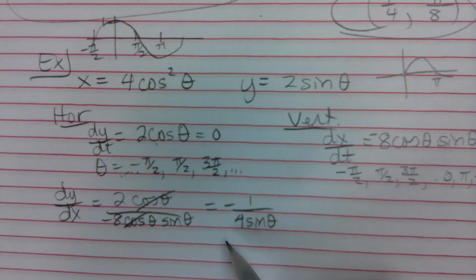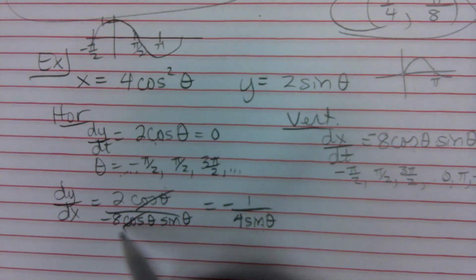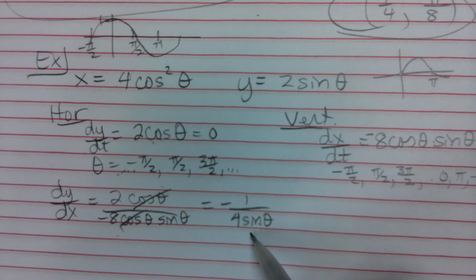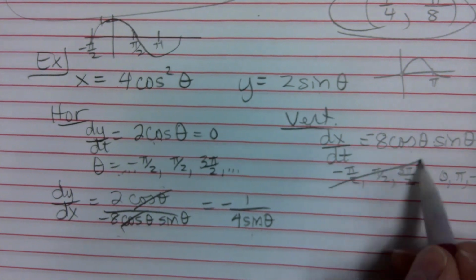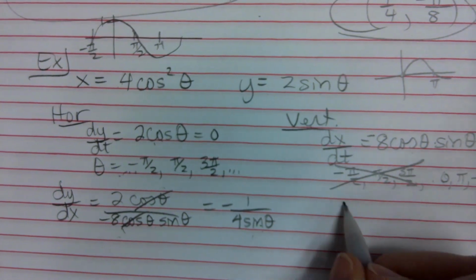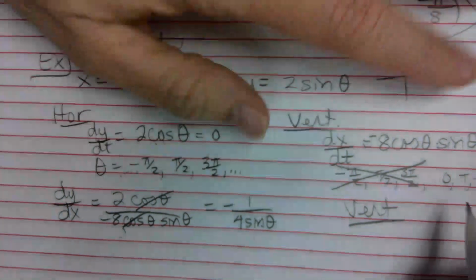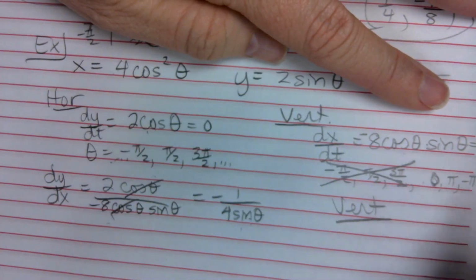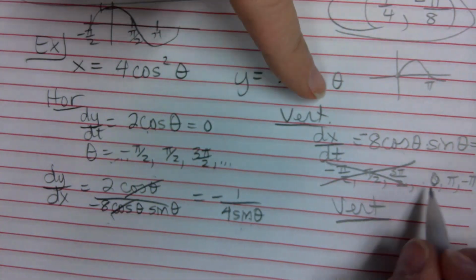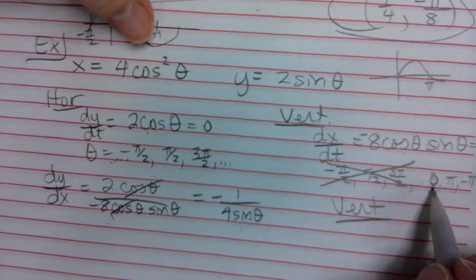Does everybody agree with that? Because if I canceled out the cosines, they're gone, and we would really only be worried about vertical tangents.